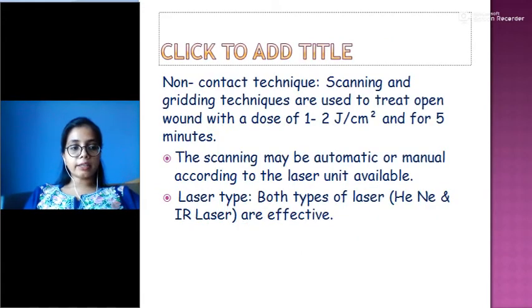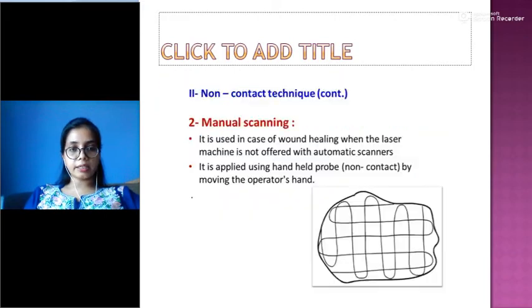Now the non-contact method is something like this. This is known as the scanning technique. The probe is not directly placed, but is held and moved in this direction and in this direction without contact to the wound bed.